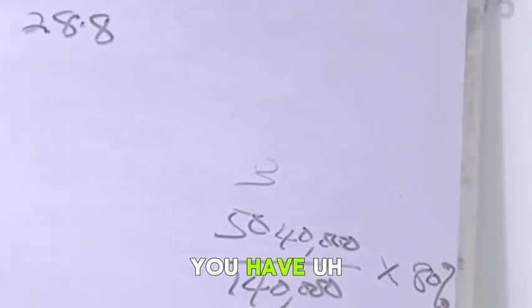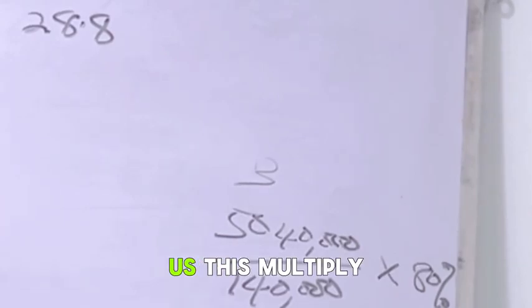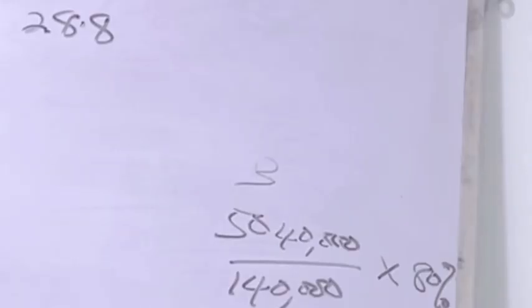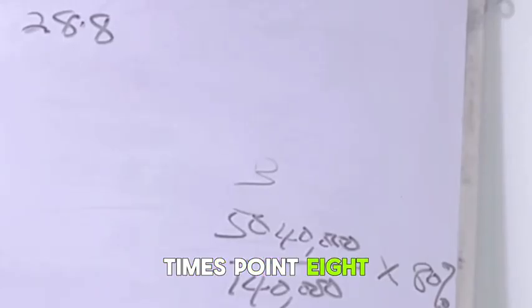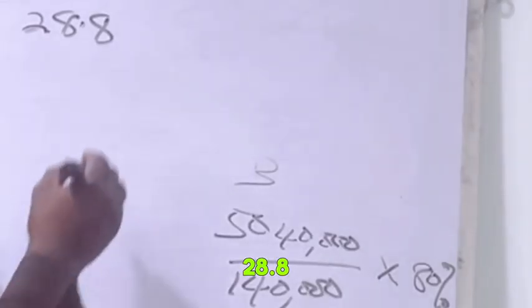We say 5,040 divided by 140, times 0.8. So we have 28.8.